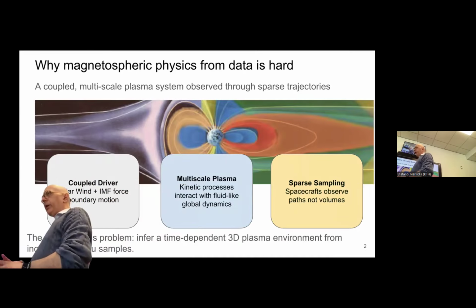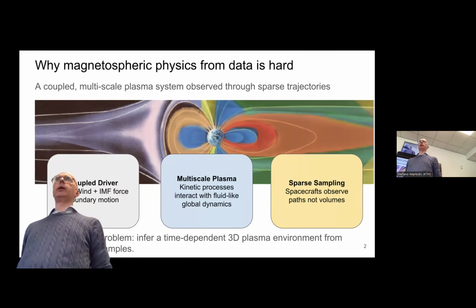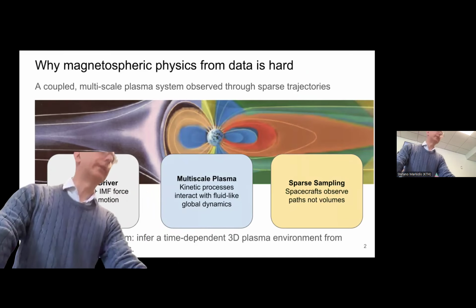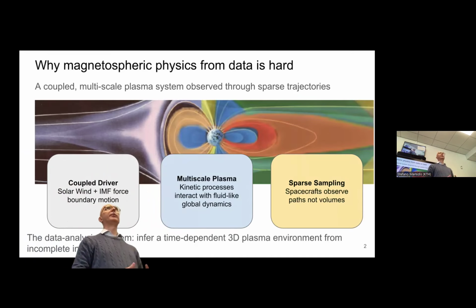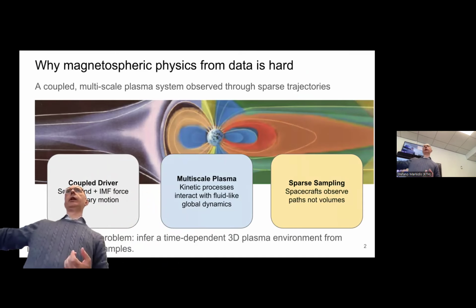Magnetospheric physics is challenging. You don't need me here today to tell you how difficult it is, right? There are three fundamental reasons. The first one is the fact that this is a complex system with a highly variable driver.